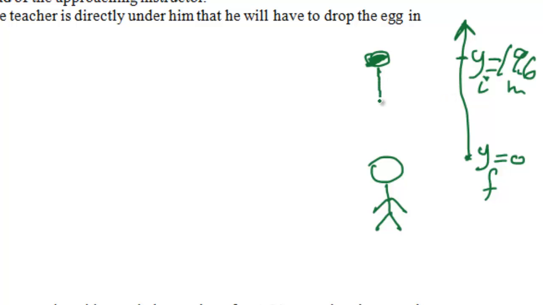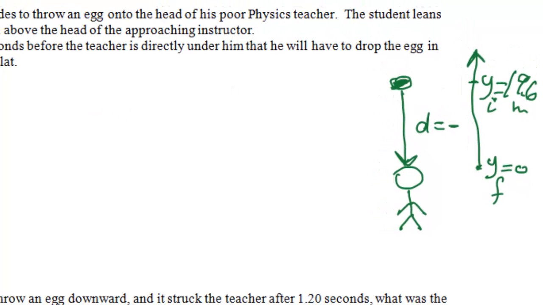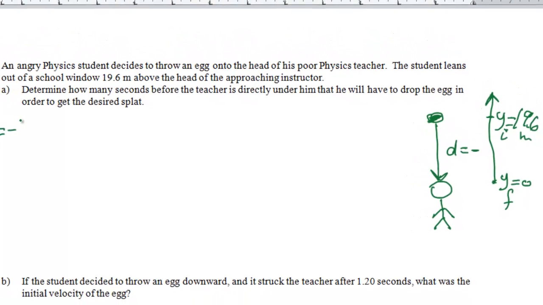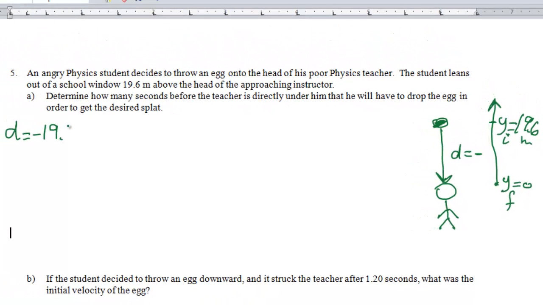So this will be the displacement here. We expect D to be negative, and this is y final minus y initial, so it will be negative 19.6. So we have displacement D is negative 19.6 meters, and we have V initial, which is what?